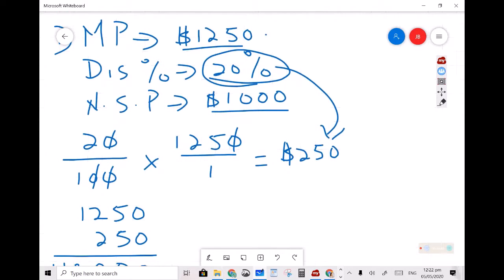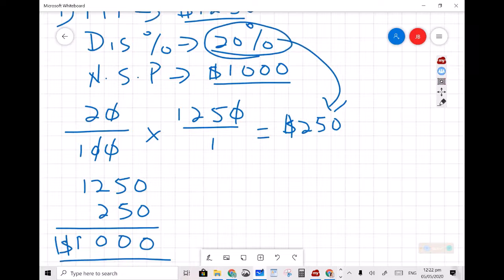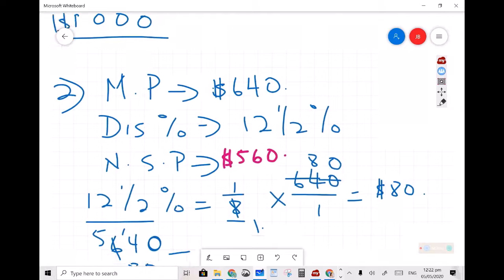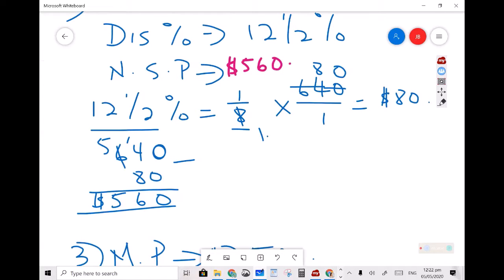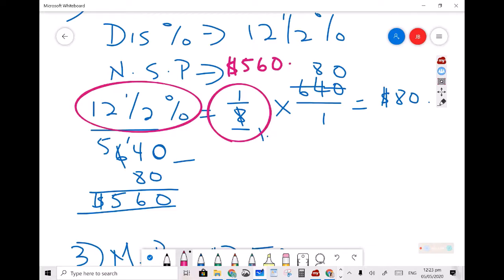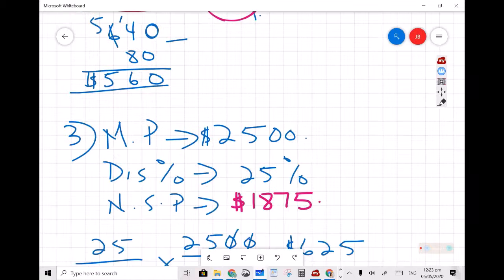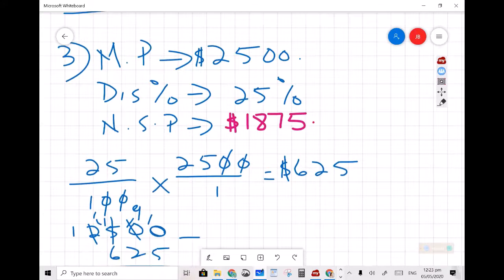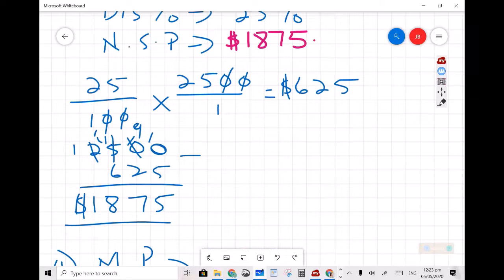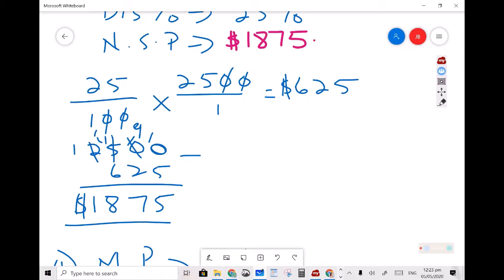And we had used a few simple examples like 20%. We had used another one where we had a mixed fraction percentage, and we had changed 12.5 to 1/8. You all should have learned your conversions by this point. We had used another simple number, 25%, and we have to notice that it depends on what the question asks.